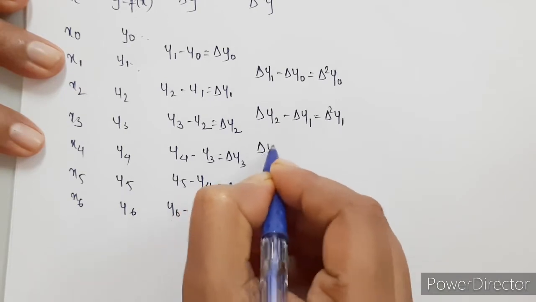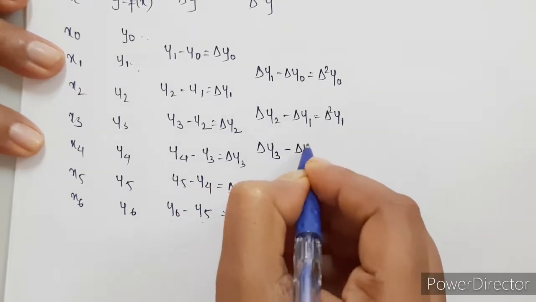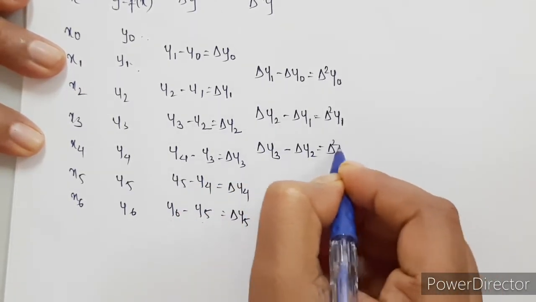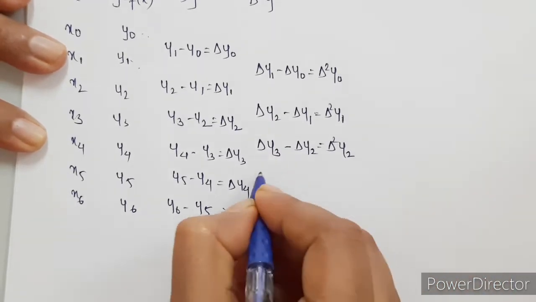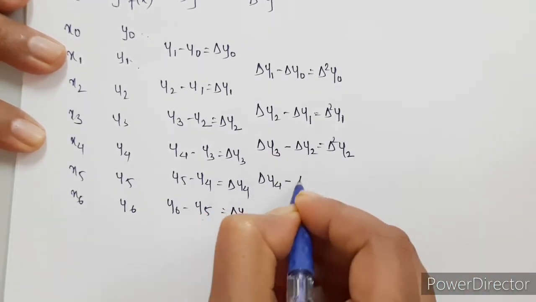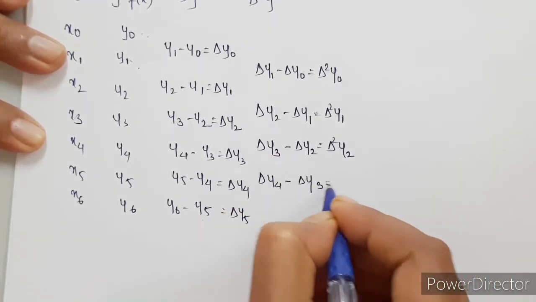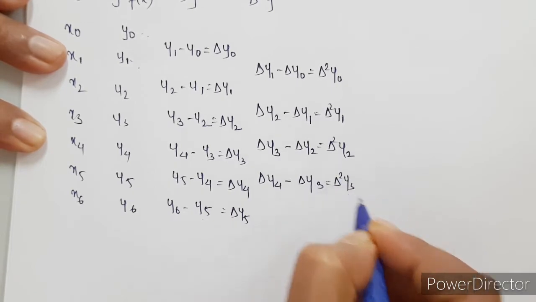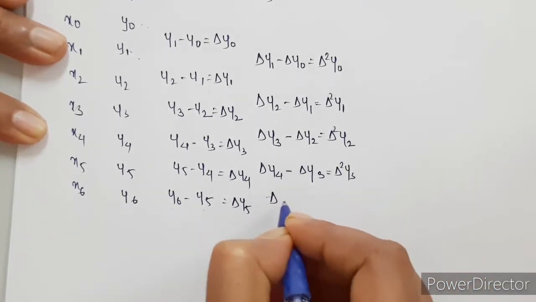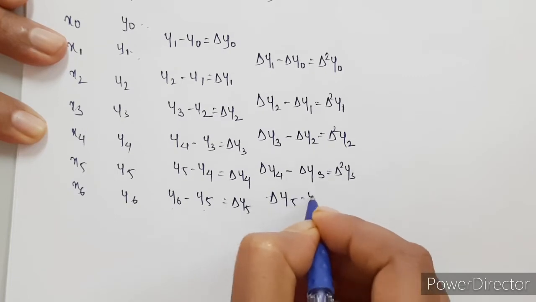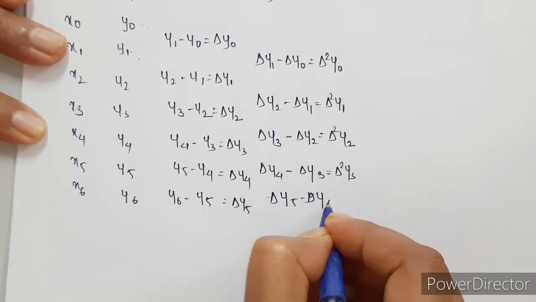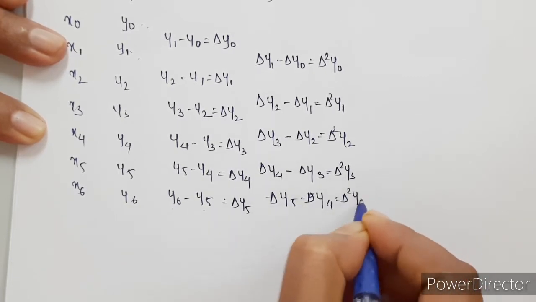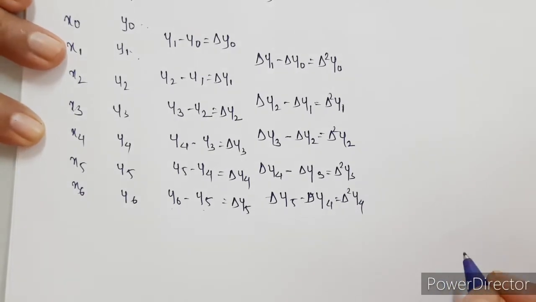This third one, y3 minus y2, second difference of y2. Then y4 minus y3, second difference of y3, and last one is y5 minus y4, the second difference of y4.